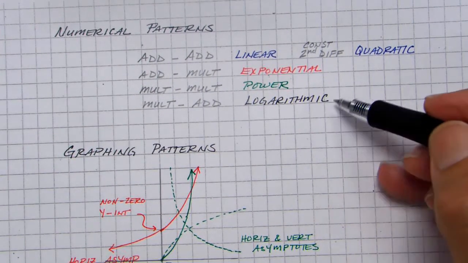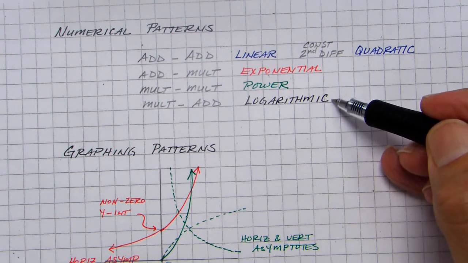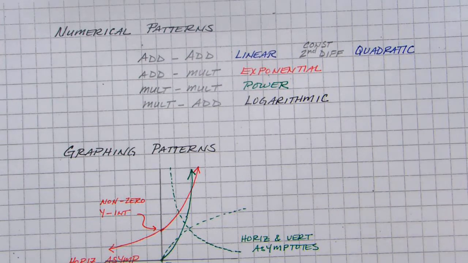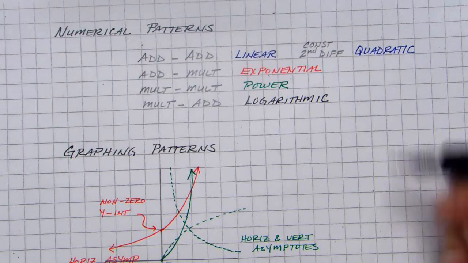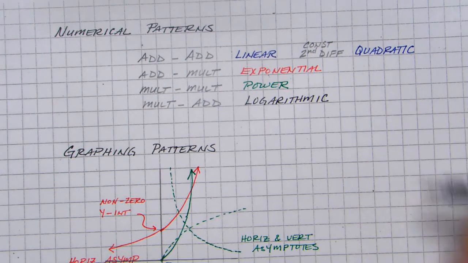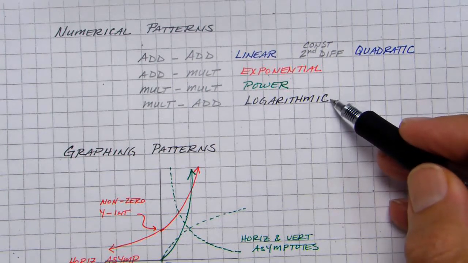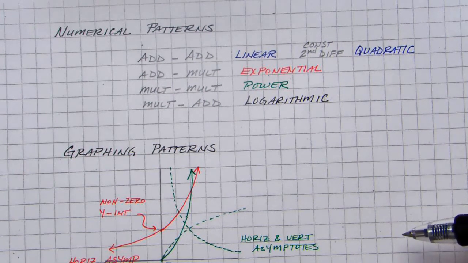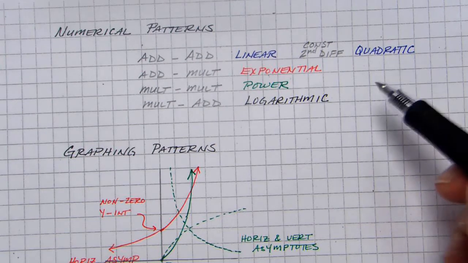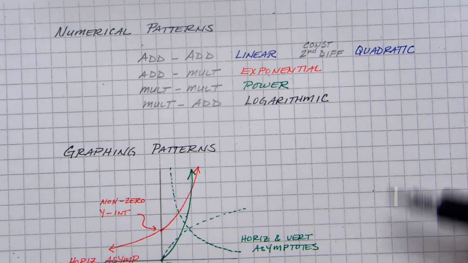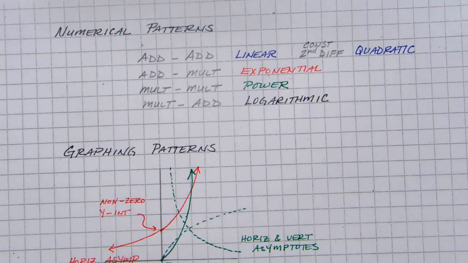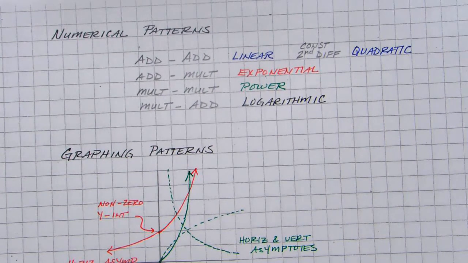Now it turns out logarithmic is the inverse of the exponential function, and you've been using that idea when you use logs to solve exponential equations. We're going to talk a lot more about the algebra of logarithms next week, but for this week, we're going to focus on the pattern that exists in a logarithmic function.